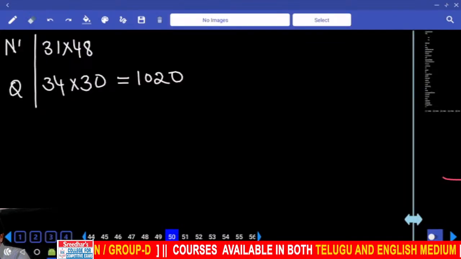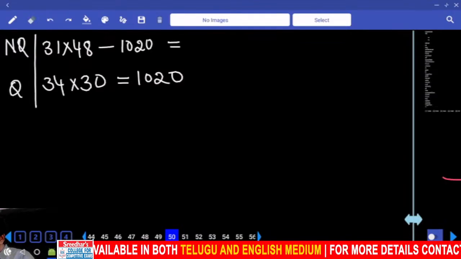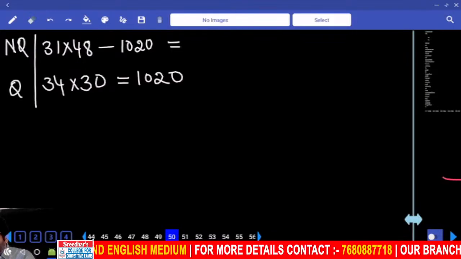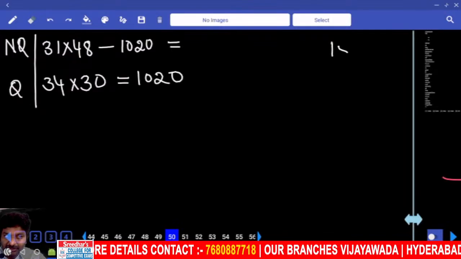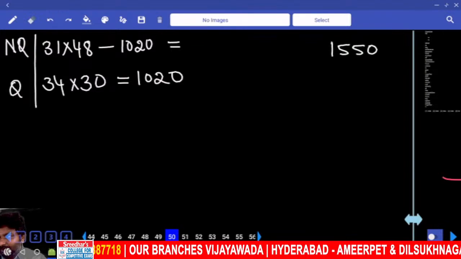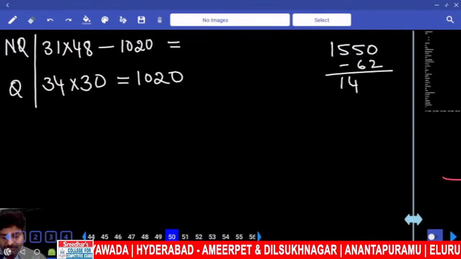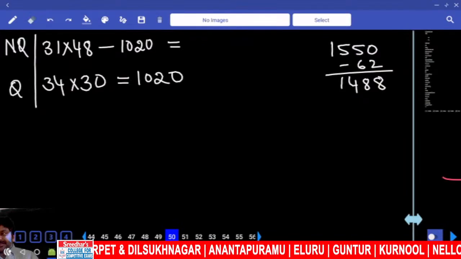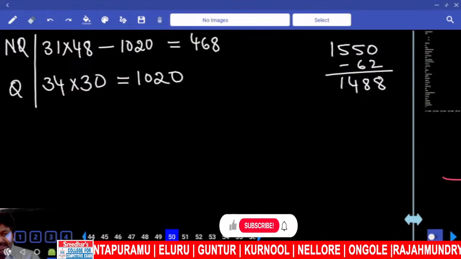So not qualified people are total minus 1020. 50 times minus 2 times. 100 times of this number is 3100, so 50 times is 1550. 2 times 62 subtracted gives 1488. From 1488, if you subtract 1020, you will get 468.